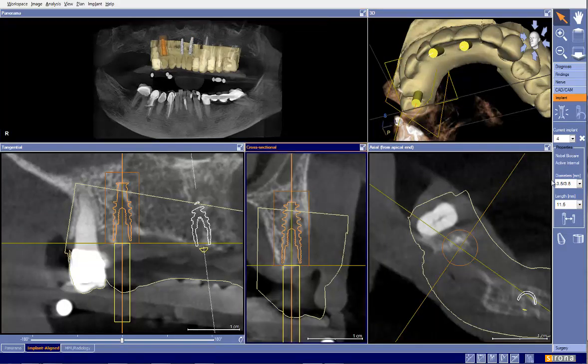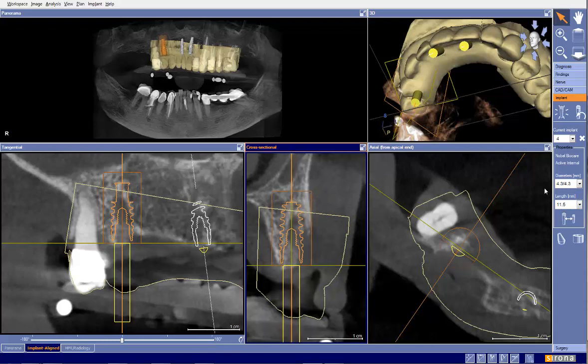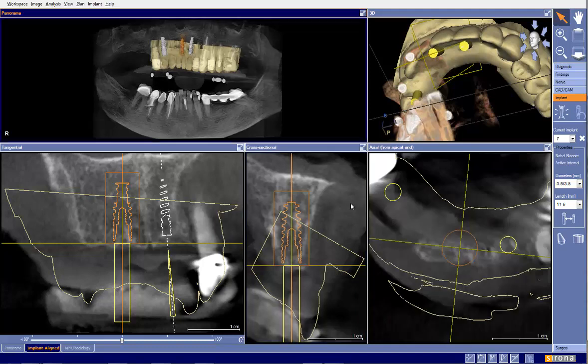We have it planned for 3.5. I do believe a 4.3 will work quite nicely here. And in that situation, I would be quite comfortable with an 11.5mm implant. But if we wanted, we could certainly also place a 13mm implant here as well. So again, for longevity, for future considerations, if possible, let's put a larger implant in the site.